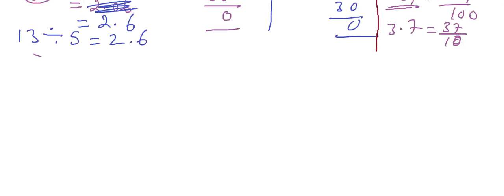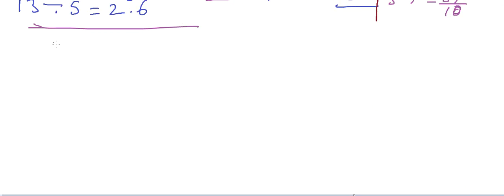So we saw 13 by 5, when divided, this fraction converted to decimal is 2.6.